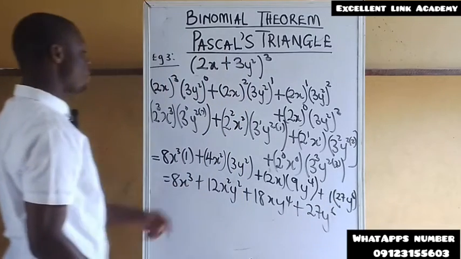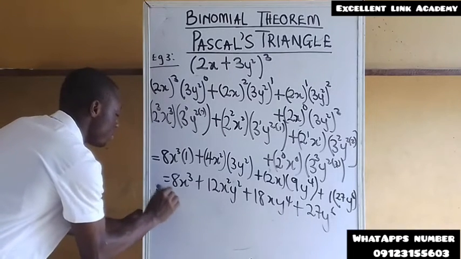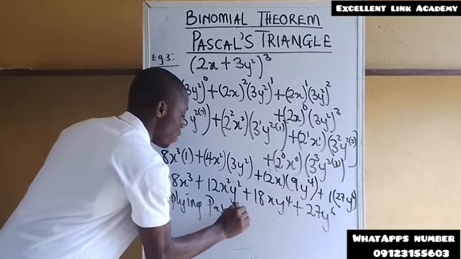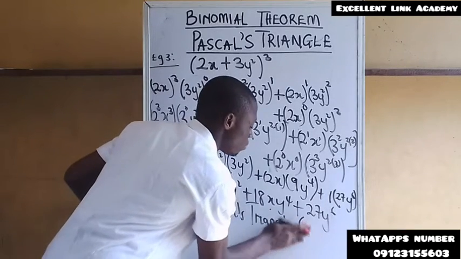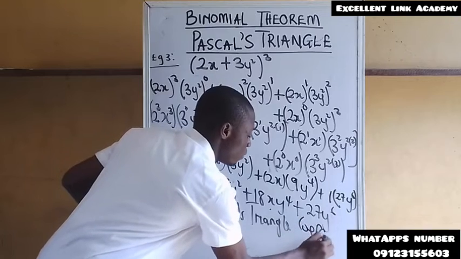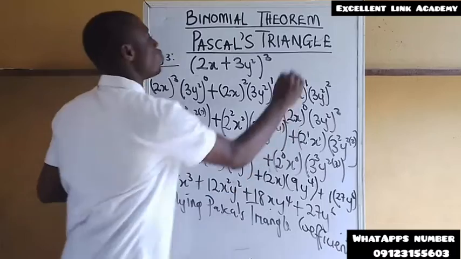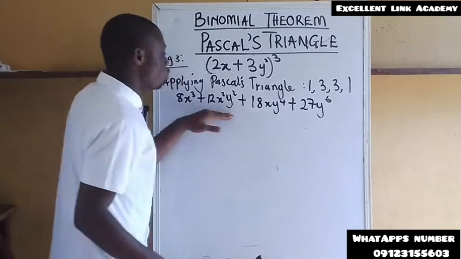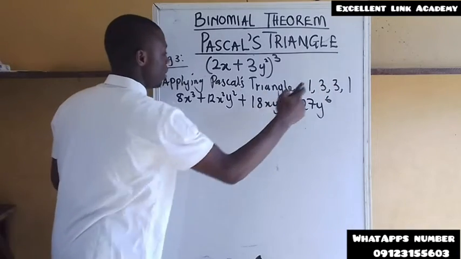So after this, I find Pascal's triangle coefficients. For degree 3, that becomes 1, 3, 3, 1, if I'm not mistaken. I haven't got to this stage, but let's start now. These are the coefficients here, right?